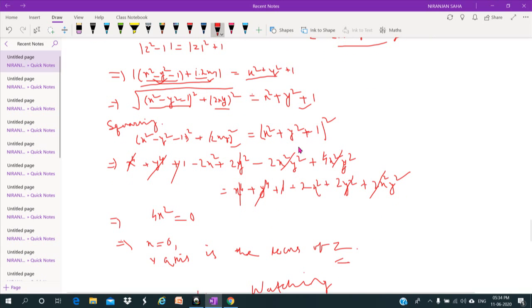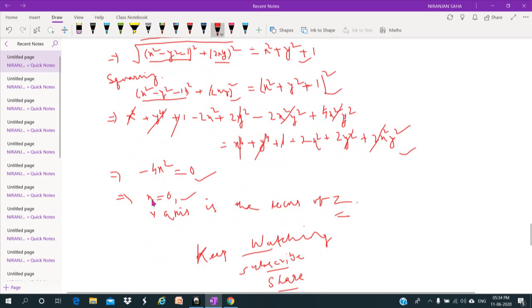Then we will make this form, and then we will use the a plus b plus c whole square formula. This will be a square plus b square plus c square plus 2ab plus 2bc plus 2ca, and here also the a plus b plus c whole square formula, and then just calculate: 4x square minus 4x square equal to 0, it will be x equal to 0.